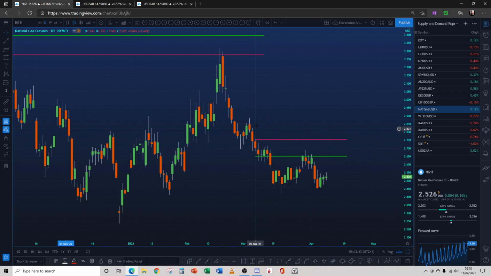So this formation, as most supply and demand traders know, would be referred to as a drop in price, a period of basing, followed by another drop. A continuation pattern. A continuation pattern for what?